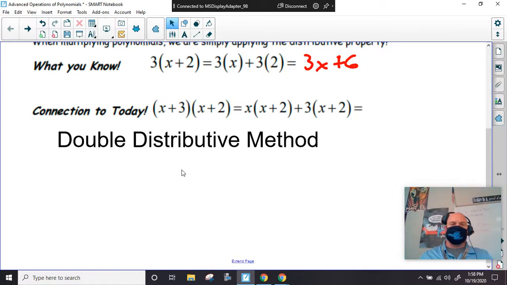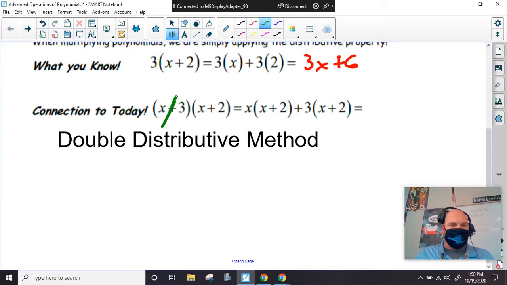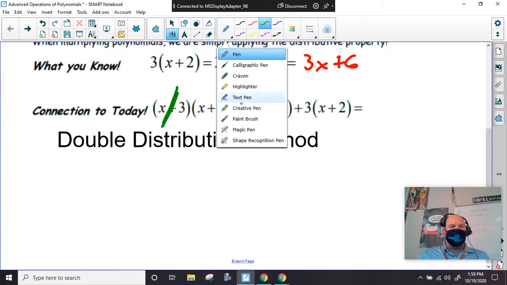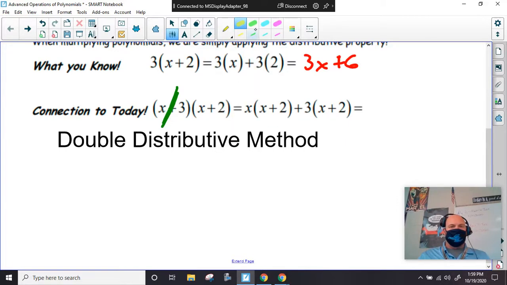What this double distributive method is basically is we're cutting this first one in half. And we're saying this term, we're writing it here, times everything in the back. And this term, writing it right here. And we're multiplying it both times by the same thing.